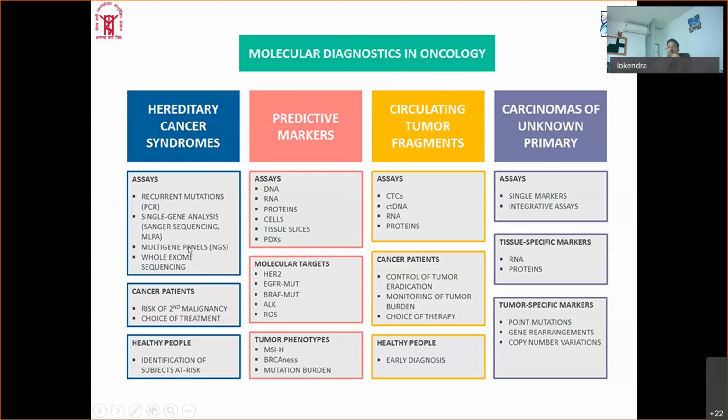This is the normal case to detect hereditary cancer, but in cancer patients it can also tell you whether there is a chance of having a second or subsequent malignancy. Based on that, the choice of treatment can also be decided. And healthy people can also identify whether they are predisposed to certain conditions.